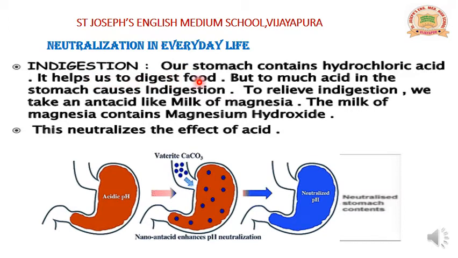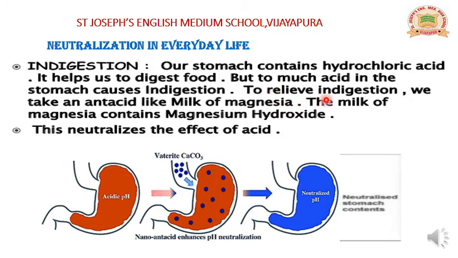We have discussed this in chapter 2, nutrition in animals, the human digestive system. Hydrochloric acid plays an important role in digesting all types of nutrition. But too much acid in the stomach causes indigestion. If the level of acid increases in our stomach, it causes indigestion.